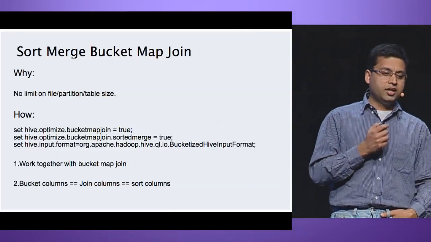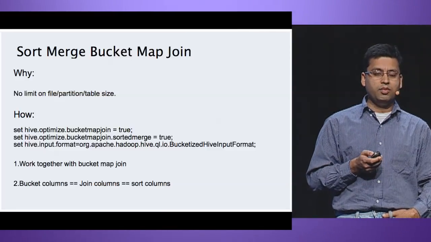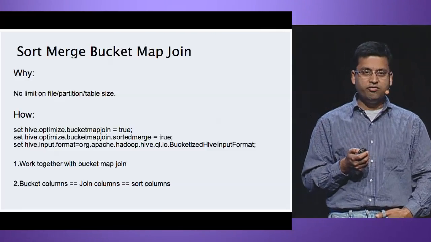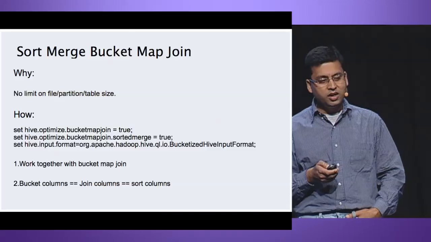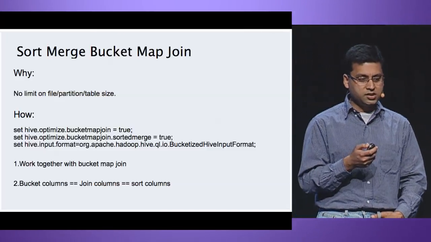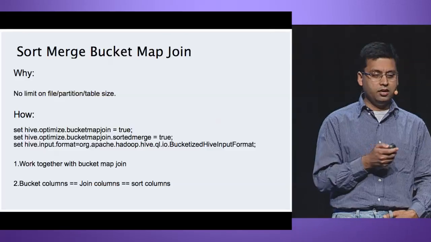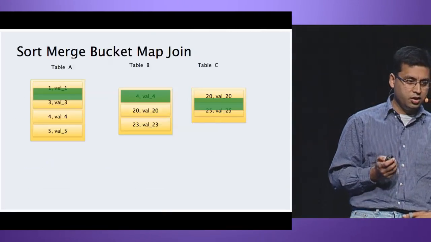Again, the catch here is that although the metastore says that the data can be bucketed or sorted, it is not enforced. So Hive does not know for sure that the data is actually sorted or bucketed. So the user has to manually give some hints to say use sort merge join, etc. And the other restriction is that the bucket columns have to be the same as the join columns, which have to be the same as the sorted columns.